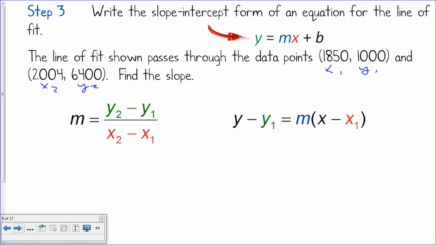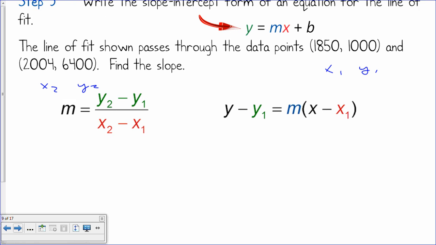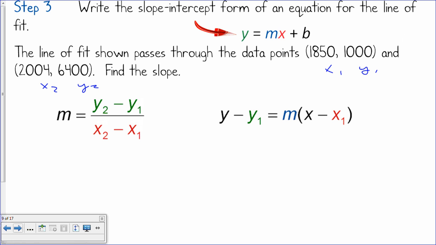Okay, so 6,400 minus what? This. And then 2004 minus what?